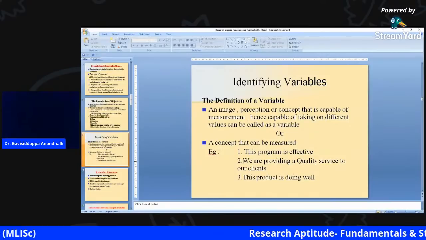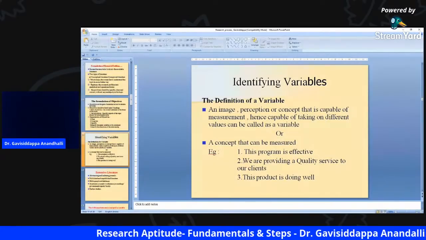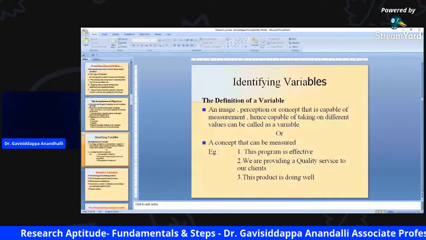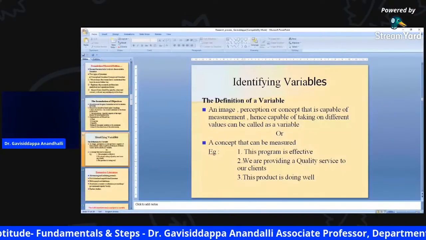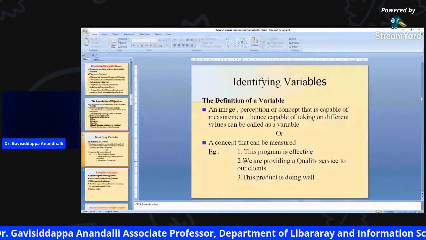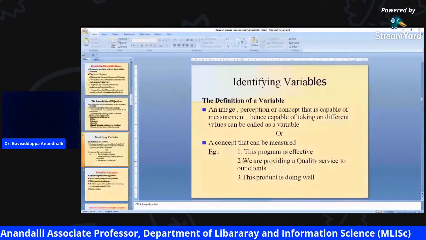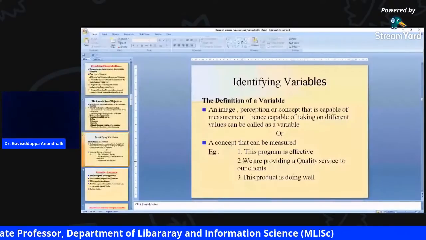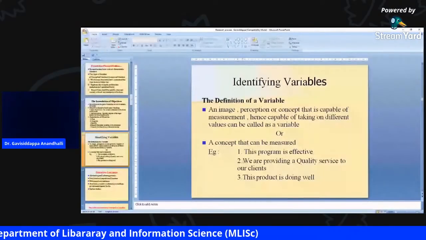The variable is nothing but a concept which can be measurable. A variable is a concept that can be measured, and it takes a different numerical value for different respondents.